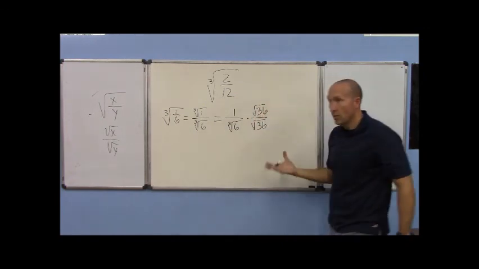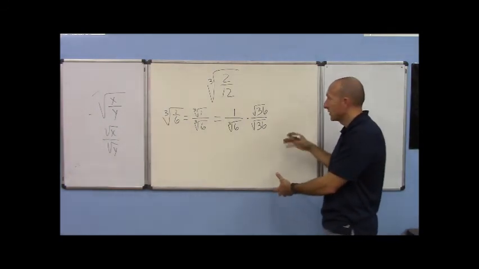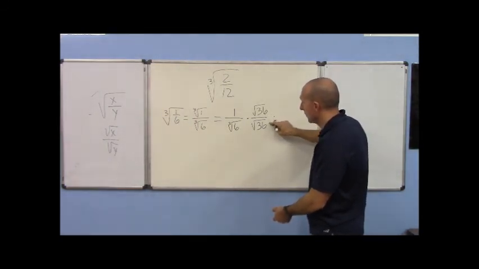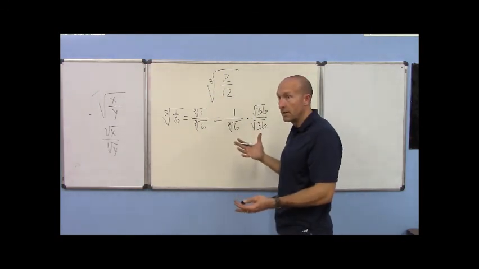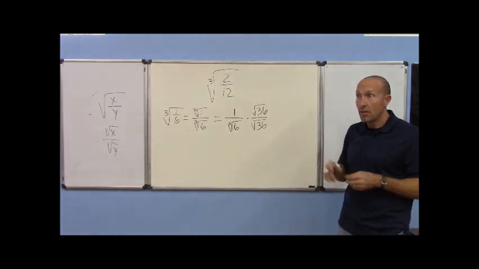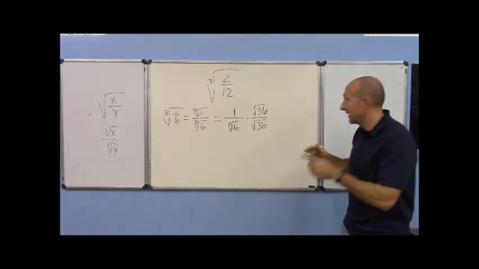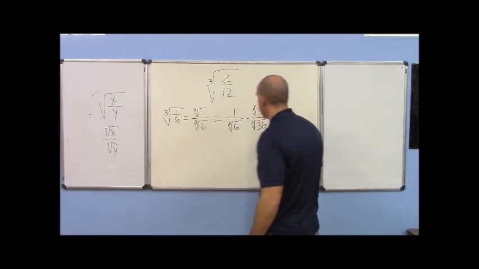But essentially what we're doing is multiplying this whole statement times 1, because the square root of 36 over the square root of 36 is 1. But what's missing right now that you see? The 3 in the index. Everything, in order to make it work, has to be the same.